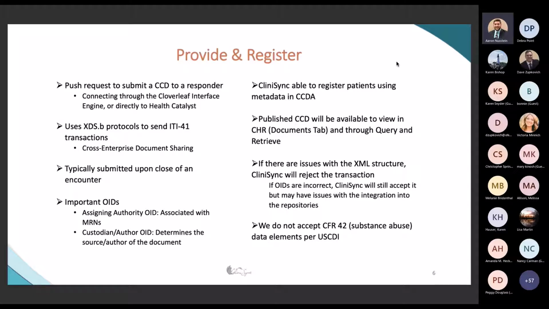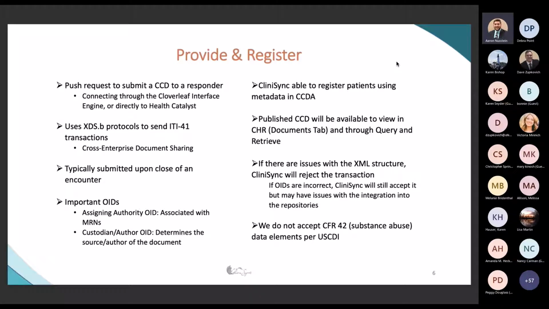They might create new patients upon every published document, et cetera. So when we go through testing, making sure those OIDs are correct is a very big piece of this. And in the future, if OIDs do change while you are live, we will want to know so we can update our side before that change occurs.